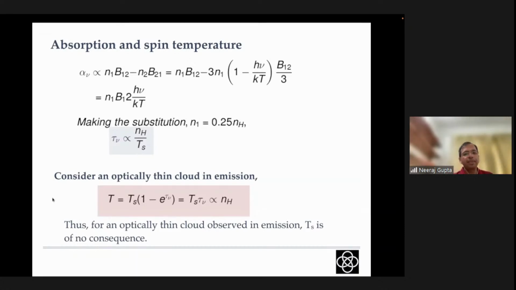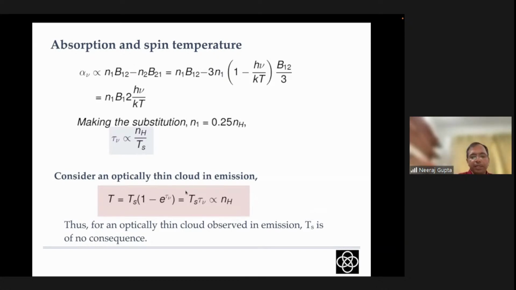These two things: absorption depends on both the number of atoms that are present and also the spin temperature. And what does spin temperature represent? Spin temperature represents the level population of the excited and the ground state corresponding to the hyperfine splitting, right? Whereas when I am talking about emission, it depends only on the total number of atoms that are present.